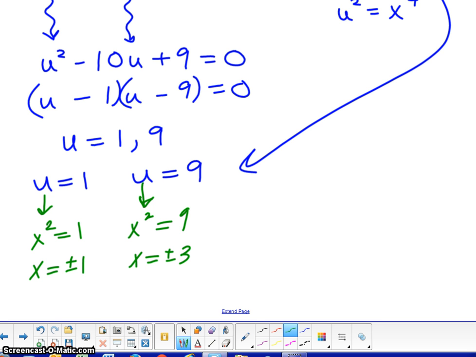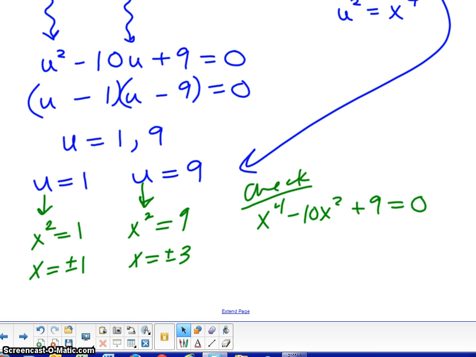Again, we are dealing with an x value, so you are going to have to consider both the plus and minus in each. So if you're going to check your answer, the original problem, x to the 4th minus 10x squared plus 9 equals 0. Put in a 1 everywhere you see an x. So that would be 1 to the 4th, 10, and then 1.